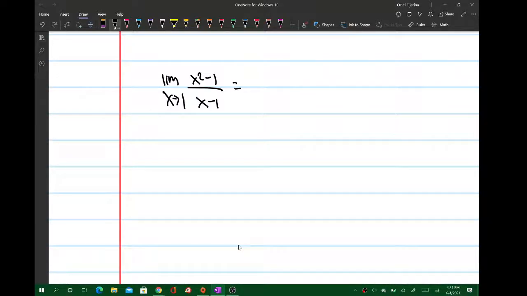Usually by direct substitution, it would be 1 minus 1 over 0, which is 0 over 0. We call this the indeterminate form.